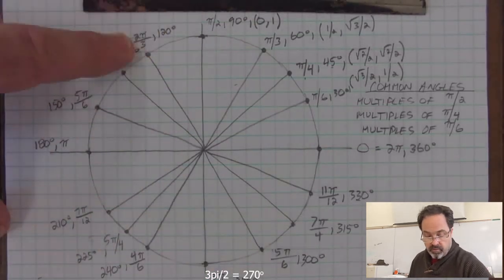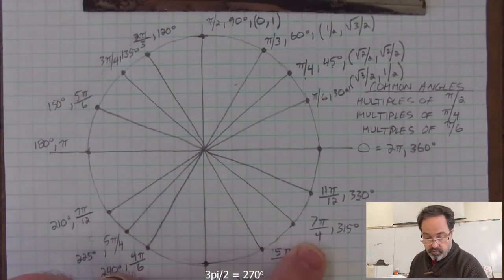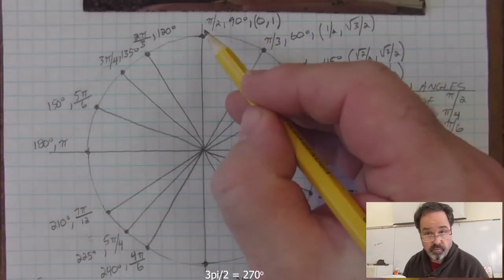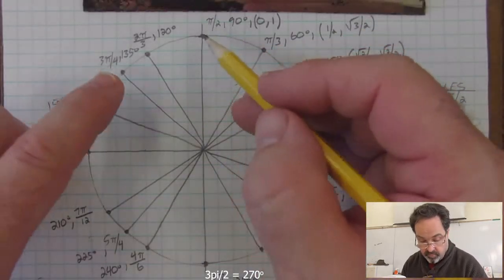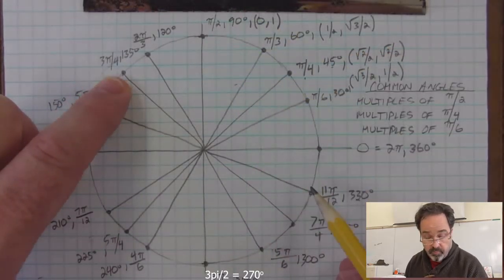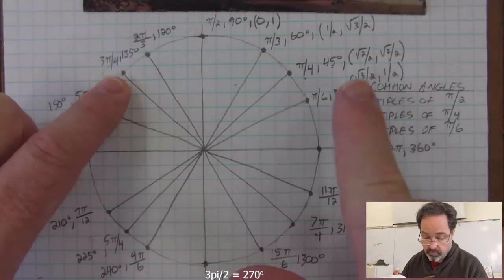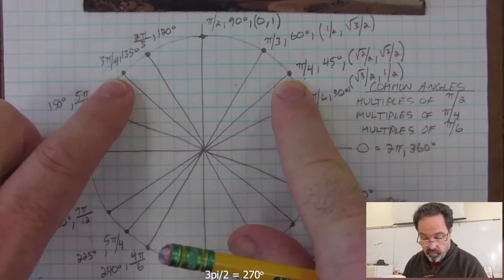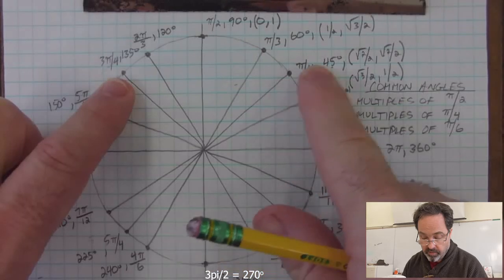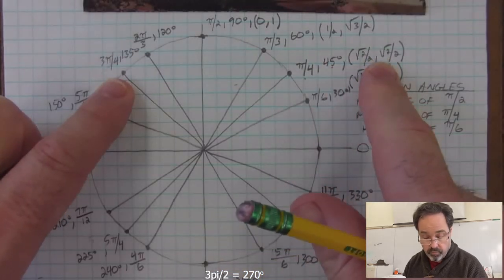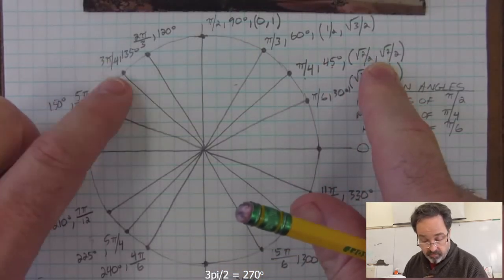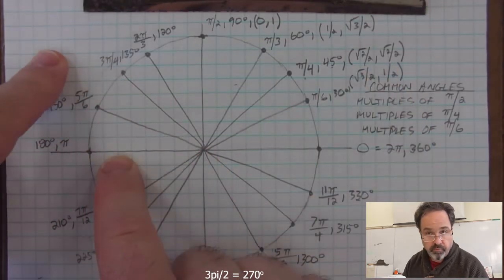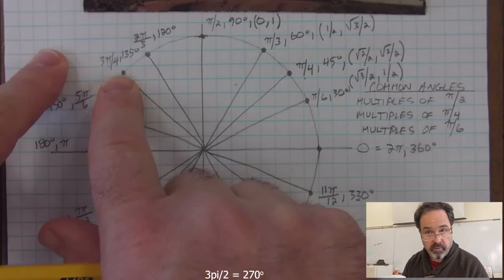The remaining coordinates of the other points in the other quadrants can be found by reflections of these points in the first quadrant. This point here at 135-degree rotation is symmetrical to this point here at 45. So the coordinates of this point are going to have the same magnitude, radical 2 over 2, radical 2 over 2, except that the x value of this point will be negative because we have to go backwards by radical 2 over 2 to get to that location.